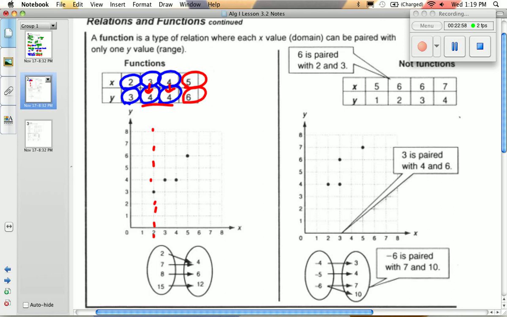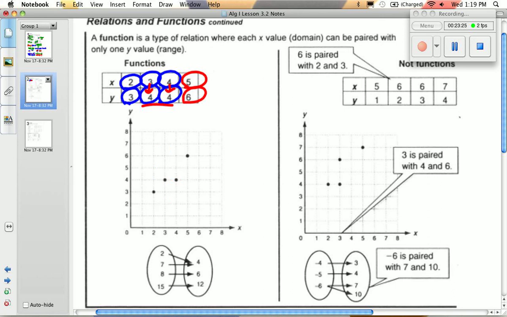But there's not. There's only one point where x is equal to 2, only one where x is equal to 3, only one where x is equal to 4, and only one where x is equal to 5. So the graph shows it by that there's no points lined up above or below any of these. Okay? So that shows a function.